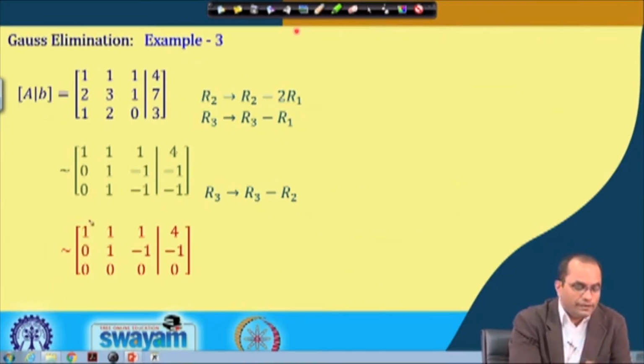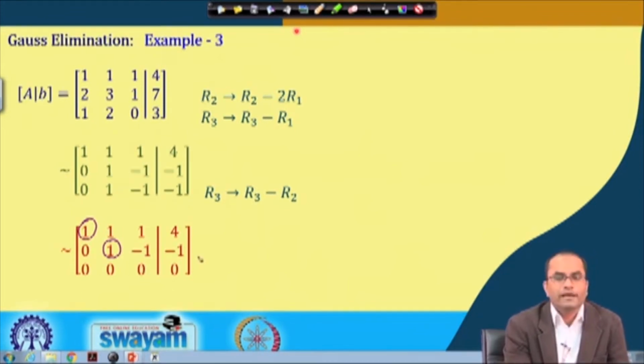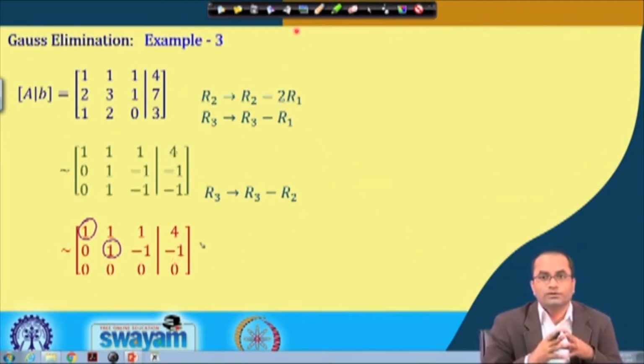So, we have this element as a pivot, and going to row number 3, we do not have any pivot. No problem, but at least the rightmost column also does not have a pivot, so the system is consistent.